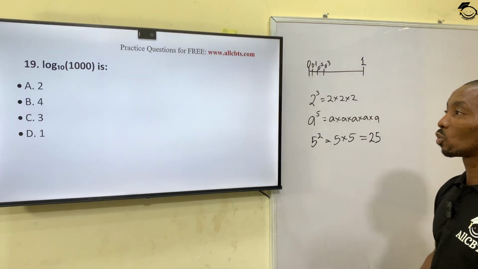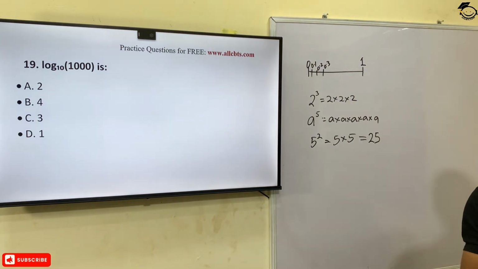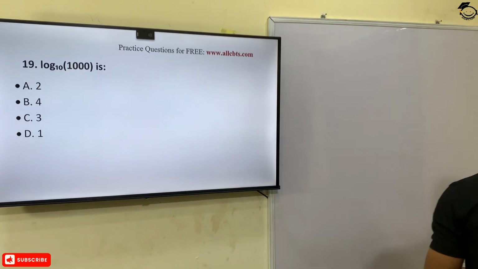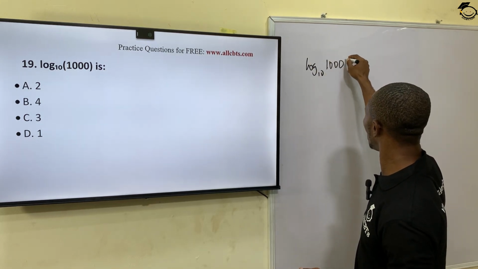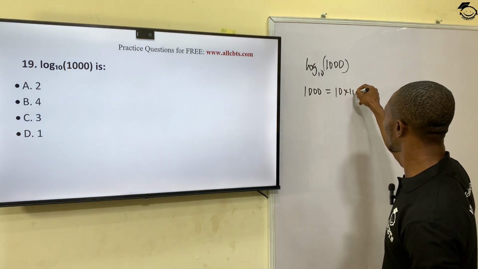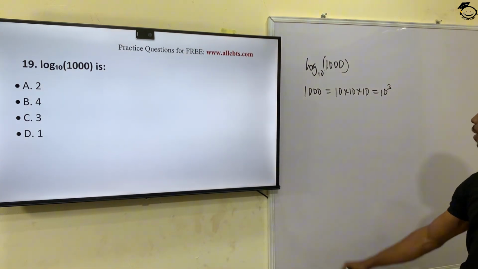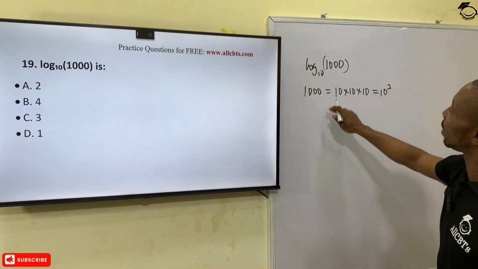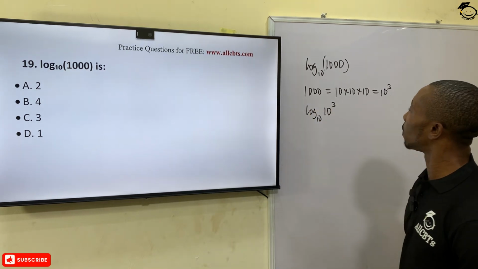All right. Our next question says, log 10 1000 is. Now we know that 1000 is 10 times 10 times 10, which is 10 raised to the power 3. So replacing our 1000 with 10 raised to the power 3, this becomes log 10 of 10 raised to the power 3.